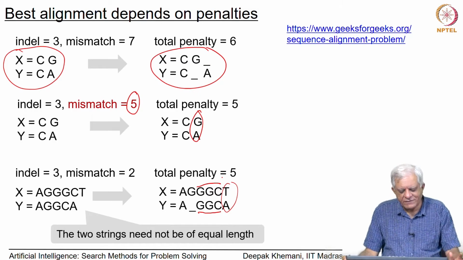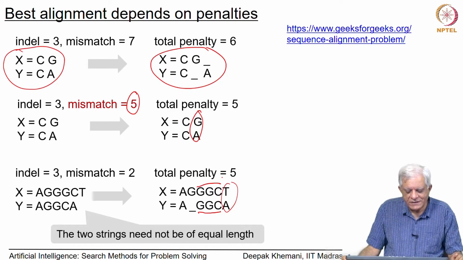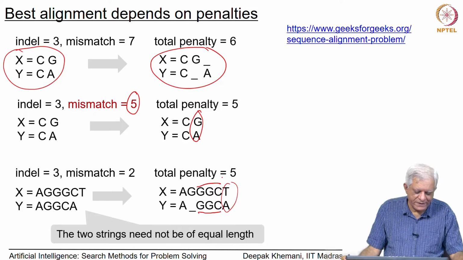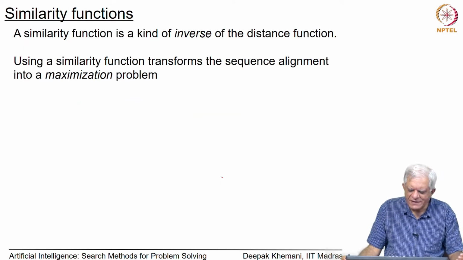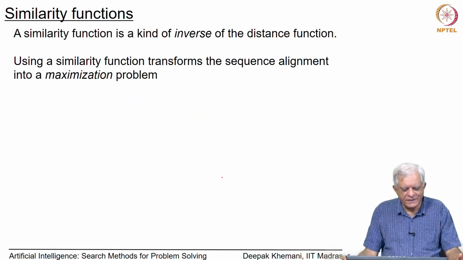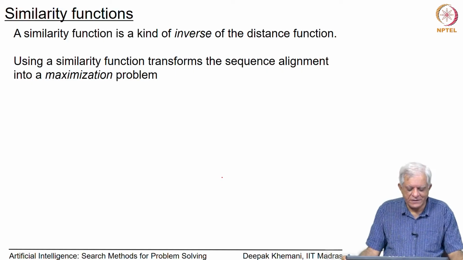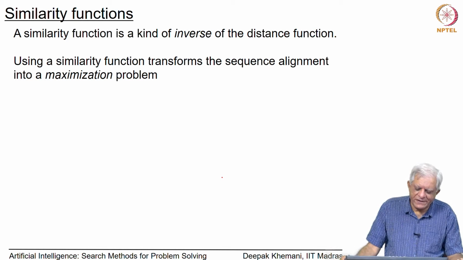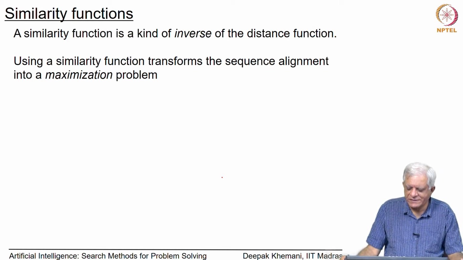So, the task of sequence alignment is to basically align two sequences such that the cost as defined by the penalties is minimized essentially. Sometimes we talk in terms of similarity as well, because we are interested in knowing how similar the two strings are, and a similarity function in general is a kind of an inverse of a distance function.